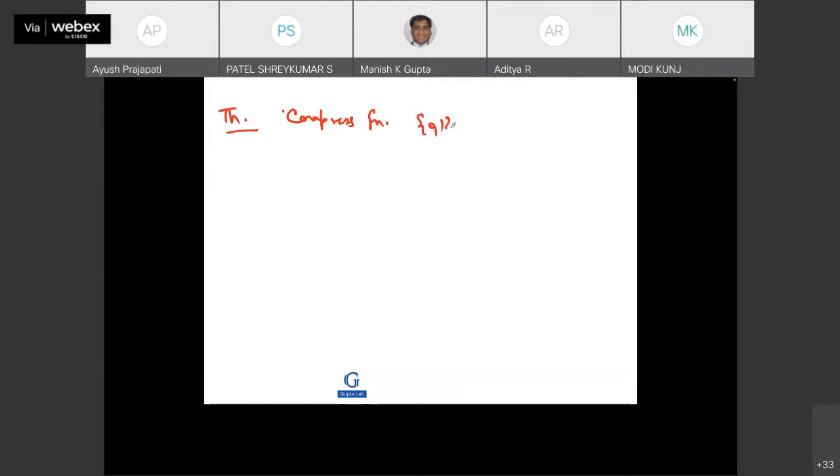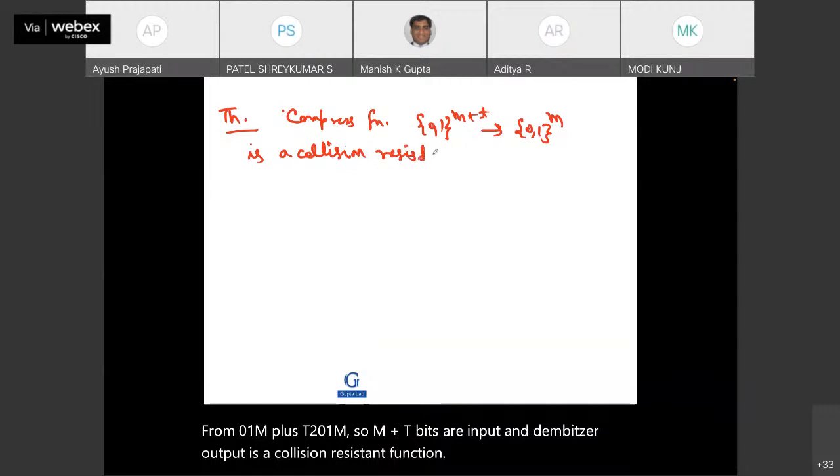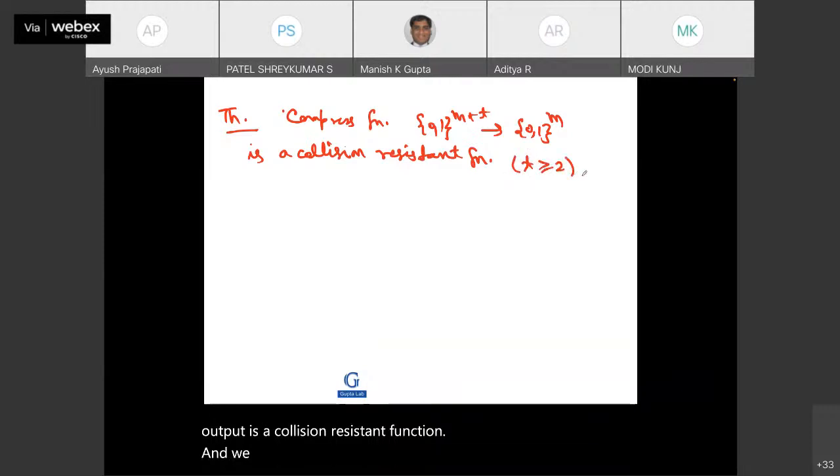from {0,1}^(m+t) to {0,1}^m. So m plus t bits are input and m bits are output, and it is a collision resistant function. And we are assuming t is greater than or equal to 2.